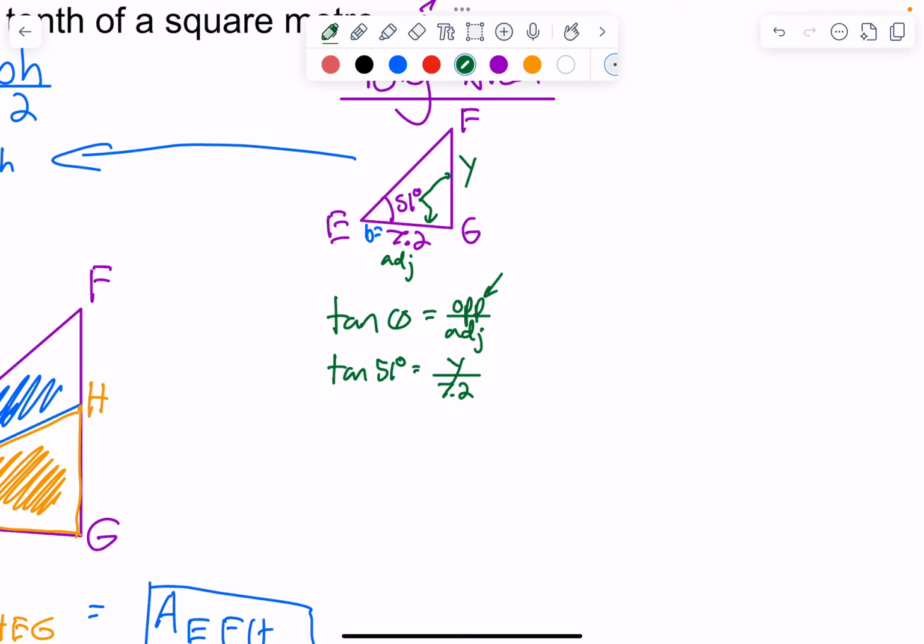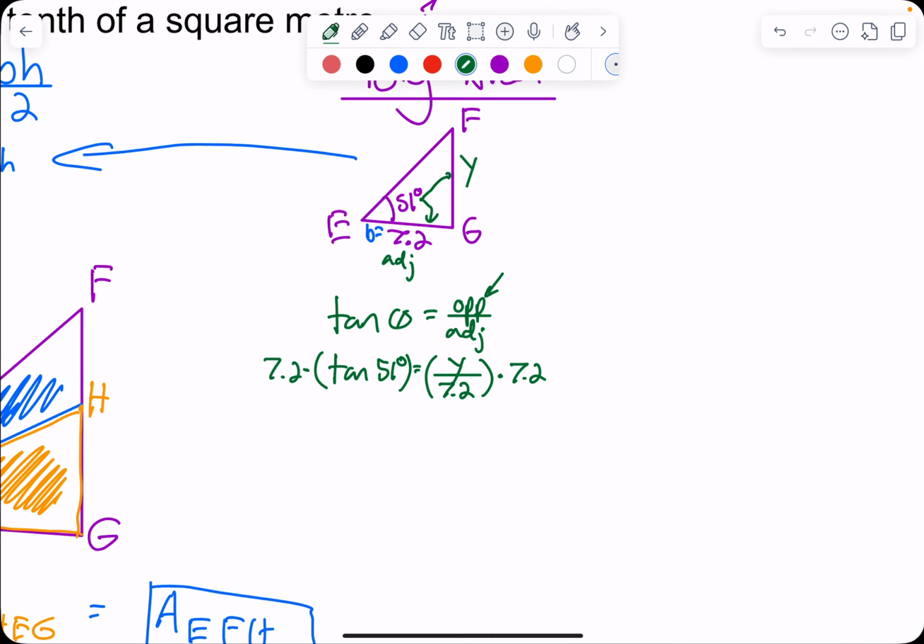So we're isolating for y. Get rid of the 7.2, so multiply both sides by 7.2. Give me one sec, I just need to turn the light on. It's pretty dark in here and I can't see my calculator. Okay, so we are looking for y.